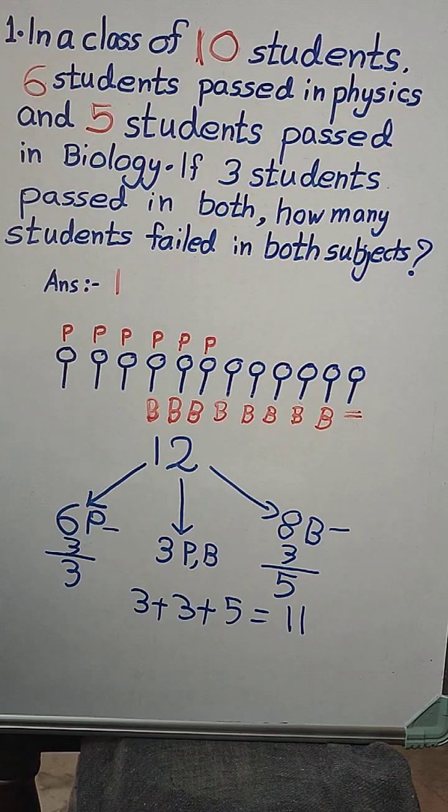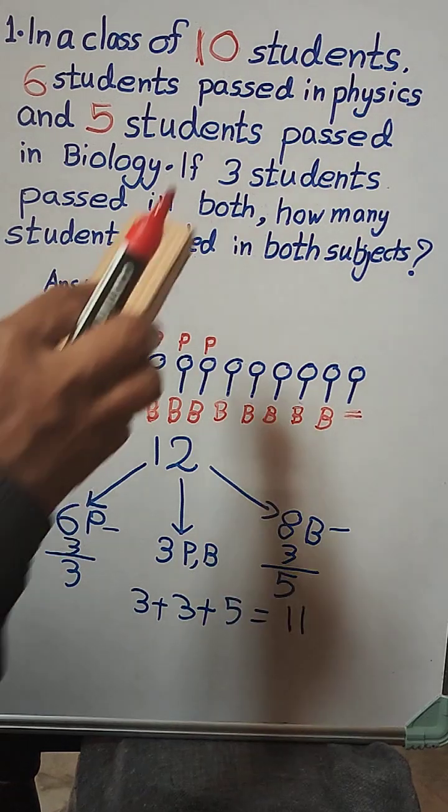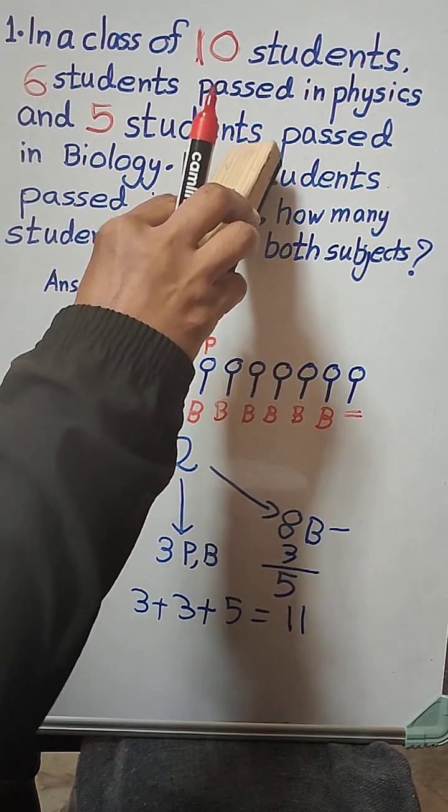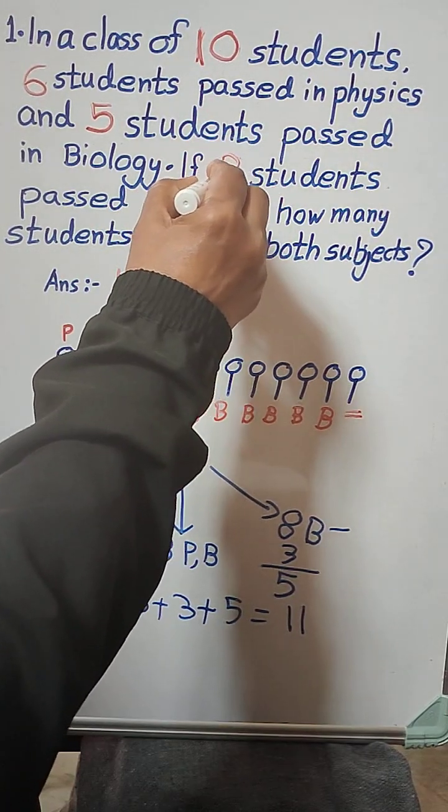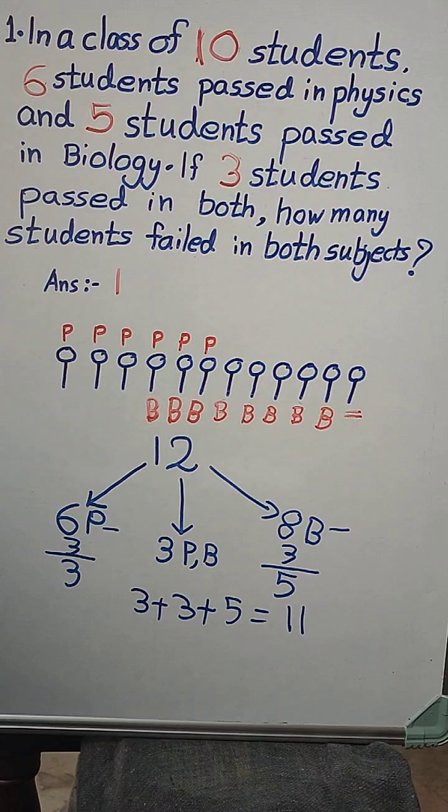We are changing the numbers, but the approach is the same. Now if 3 students passed in both the subjects, how many students failed in both the subjects?